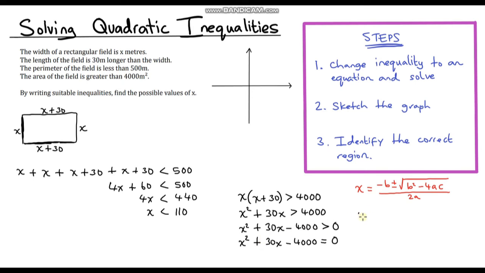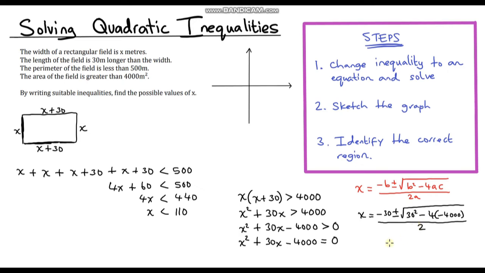So we've got x is equal to negative b, or b is 30, so it's going to be negative 30 plus or minus the square root of b squared, so 30 squared, minus 4 times a, or a is just 1, times c, c is negative 4,000. And then again, all of that is going to be over 2a, or a is just 1, so it's just 2 times 1, which is 2.